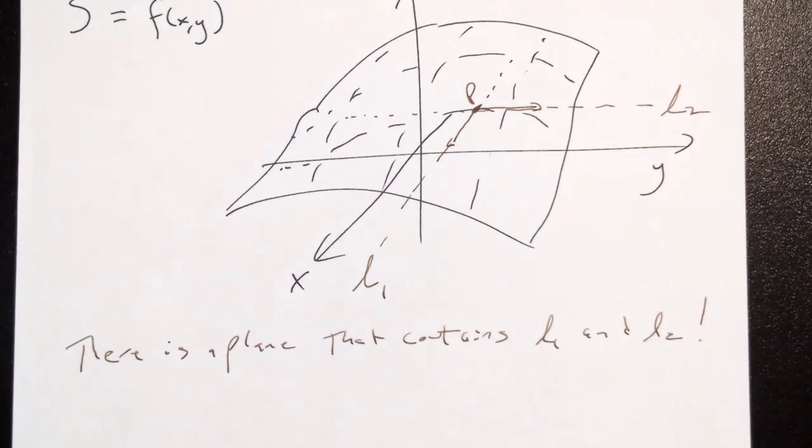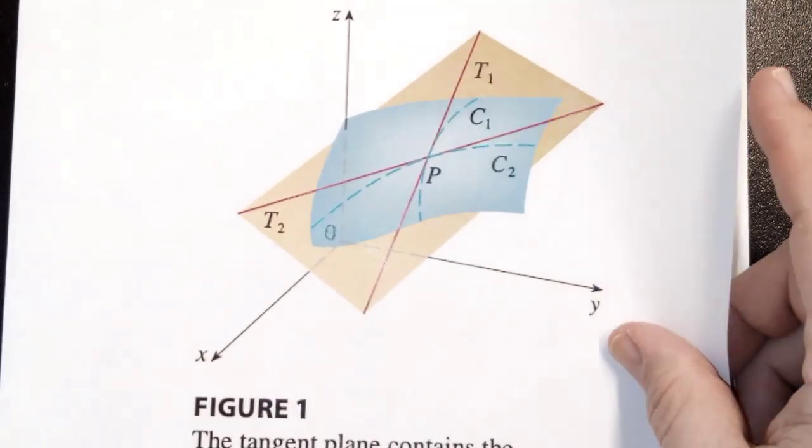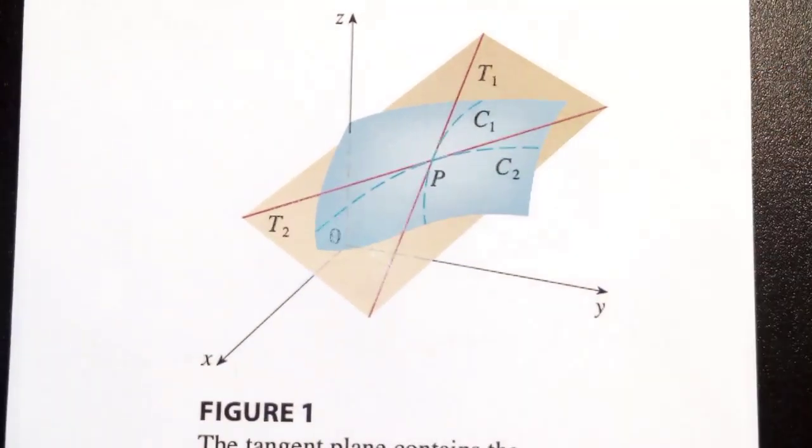On page 928, I have this picture, which is a much better picture than the one I've drawn. But you'll notice we've got curve 1, that's the curve we get by cutting in the X direction.